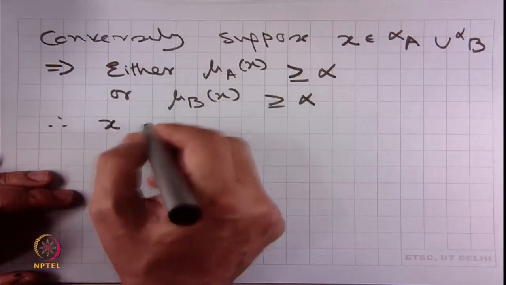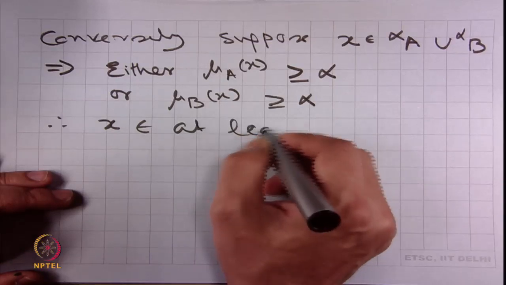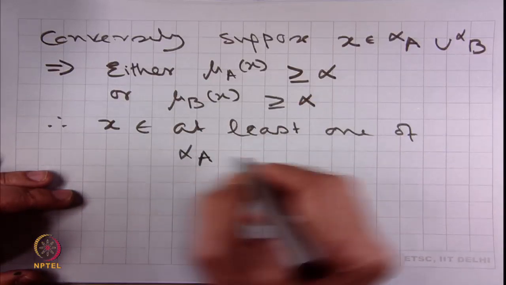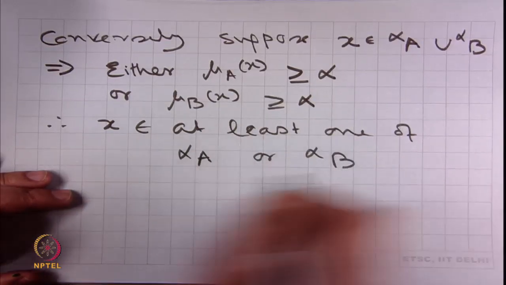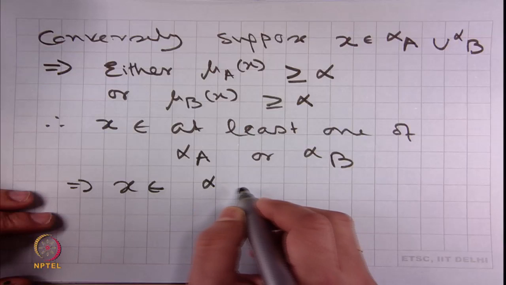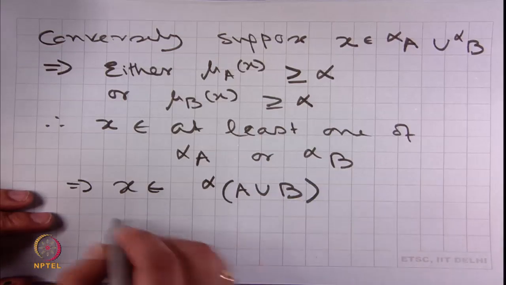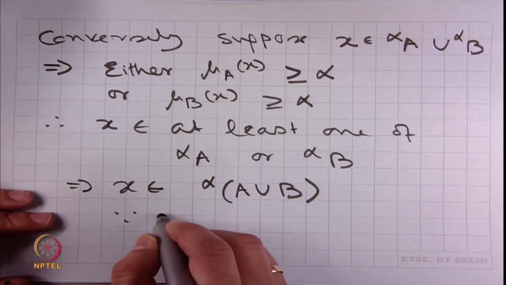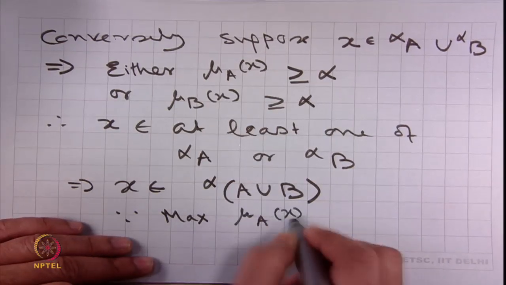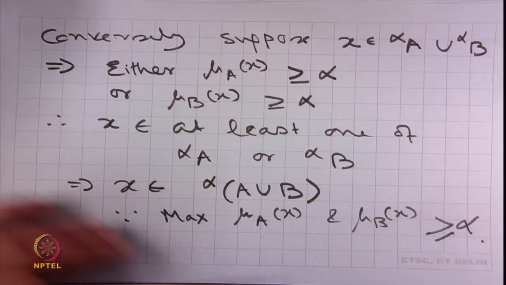Therefore, x belongs to at least one of alpha cut of A or alpha cut of B, implies x belongs to alpha cut of A union B, since maximum of mu A x and mu B x is greater than equal to alpha.